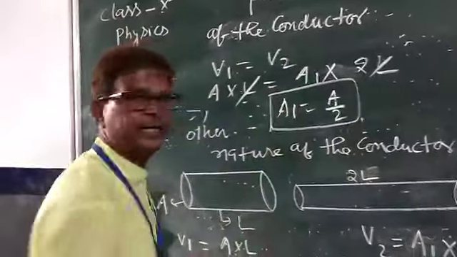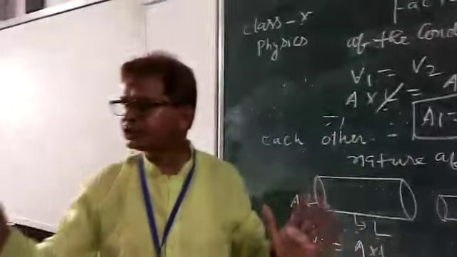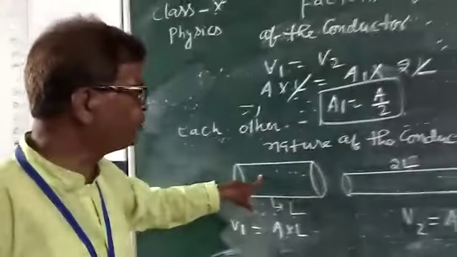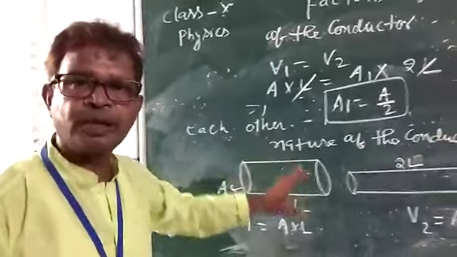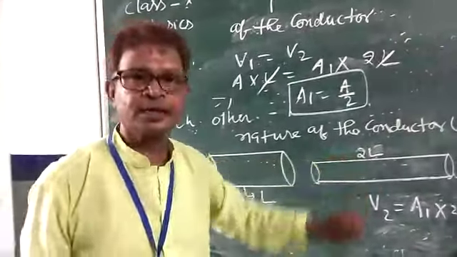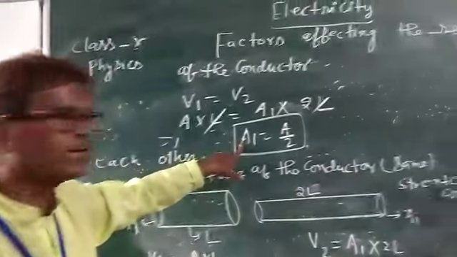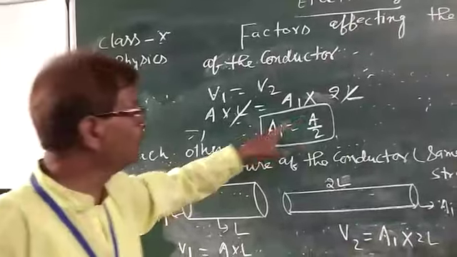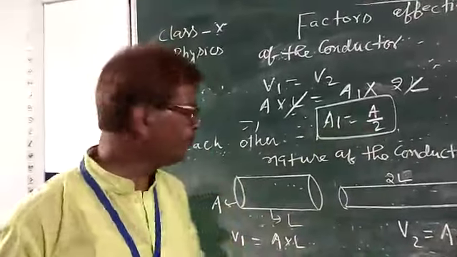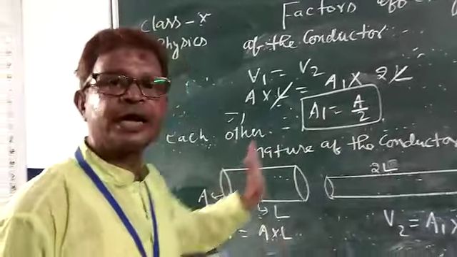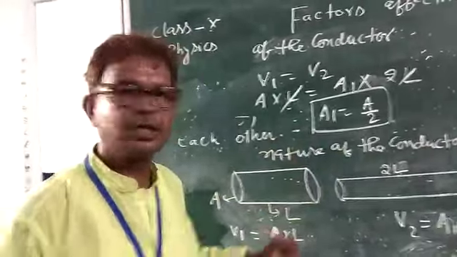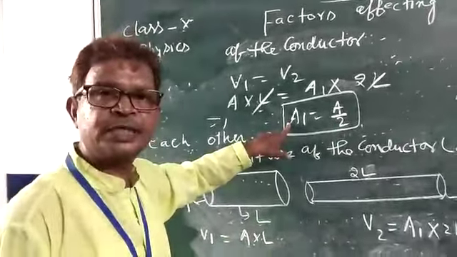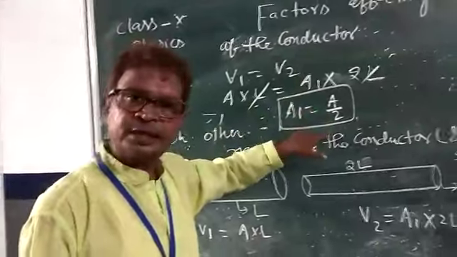So it's a very interesting thing. Students, just try to understand, if you double the length of the conductor, then the cross-sectional area of the new one will be half of that. If you take thrice the length of the previous conductor, the new cross-sectional area will be A by 3.